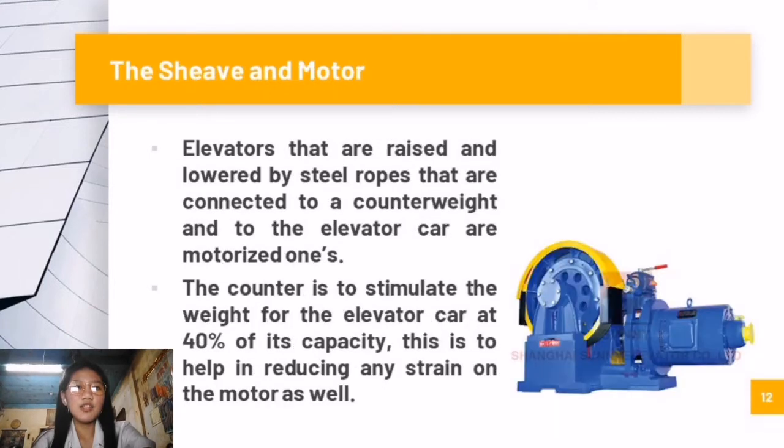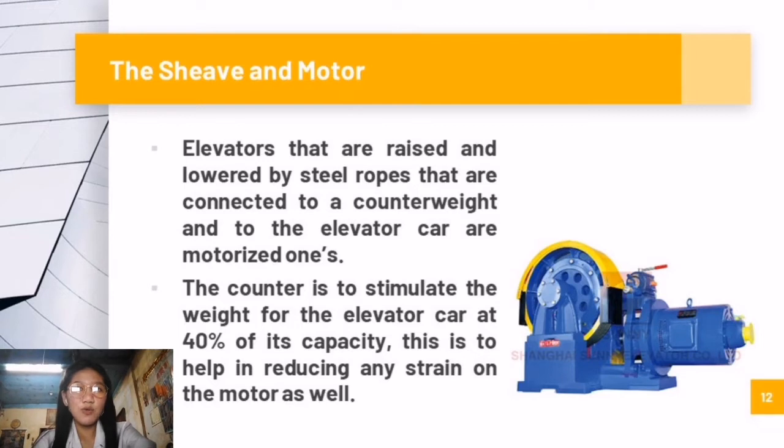And next is the shaft and motor. Elevators that are raised and lowered by steel ropes that are connected to a counterweight and to the elevator car are motorized ones. The counterweight is to simulate the weight of the elevator car at 40% of its capacity. This is to help in reducing any strain on the motor as well. The sheave is what the pulley is called.